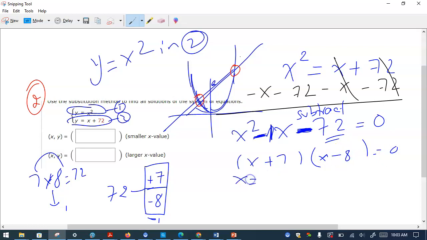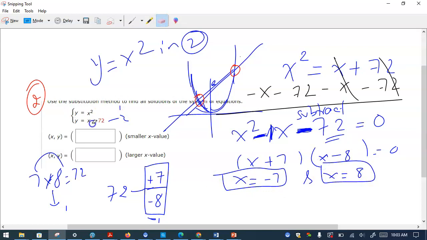So the answers are minus 7 and x, just write the opposite. And then plug this into the second equation, and that way you can get a faster answer.